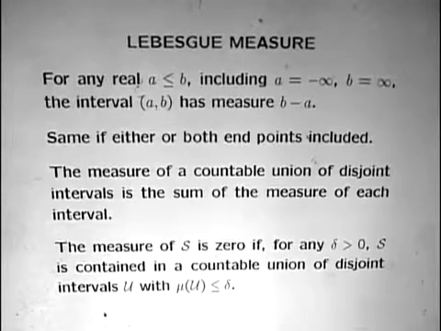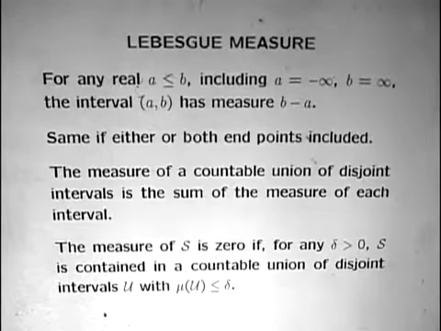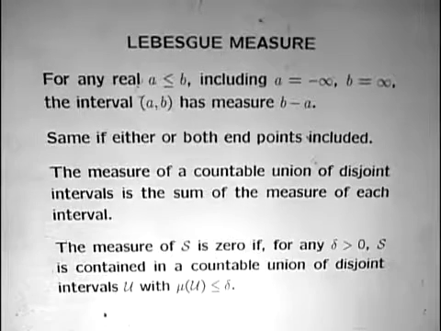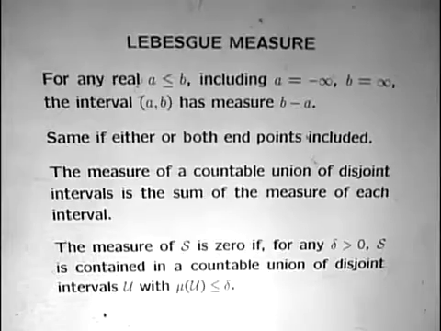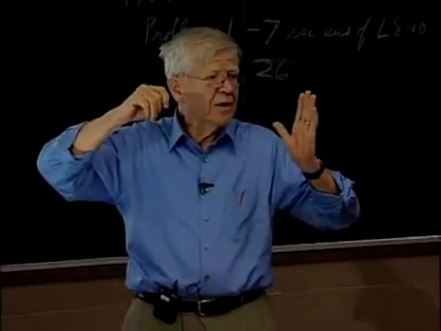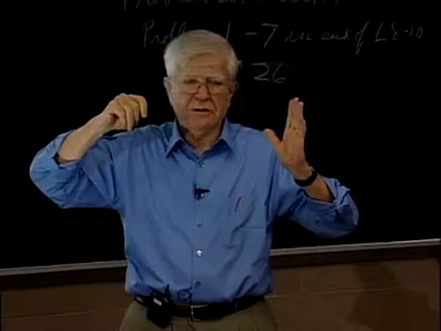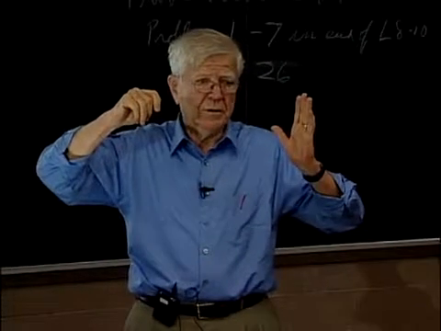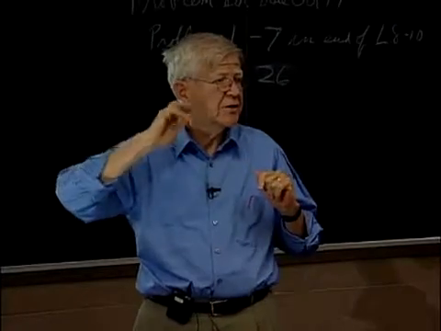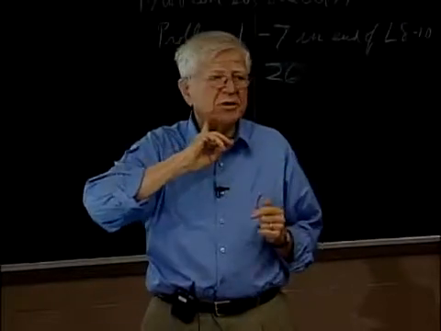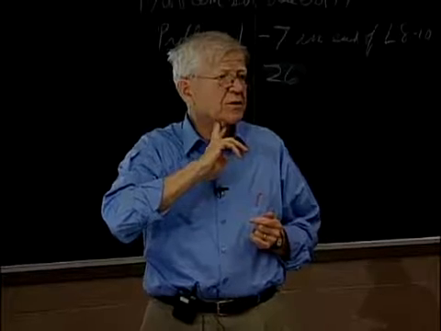Now, there's one nice thing about that, and what is it? If we take the sum of a countable set of things, each of those things is non-negative. So what happens when we take the sum of a bunch of non-negative numbers? There are only two possibilities when you take a sum of even a countable set of non-negative numbers.